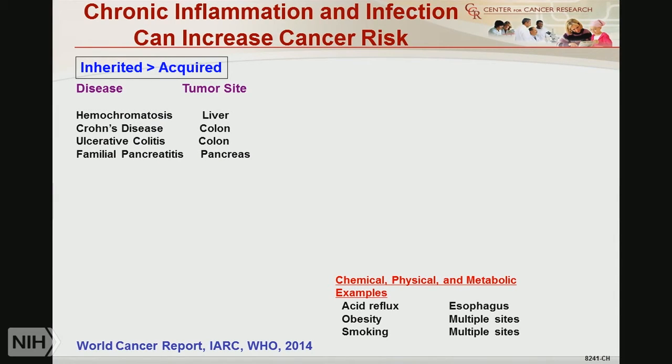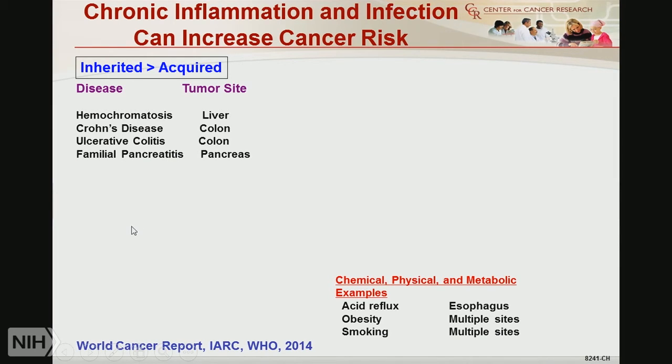So I mentioned inflammation just a couple of minutes ago. Inflammation can be largely inherited, such as hemochromatosis, that's an iron overload condition, or increases risk of liver cancer, or inflammatory bowel disease, such as Crohn's and ulcerative colitis, and familial pancreatitis.